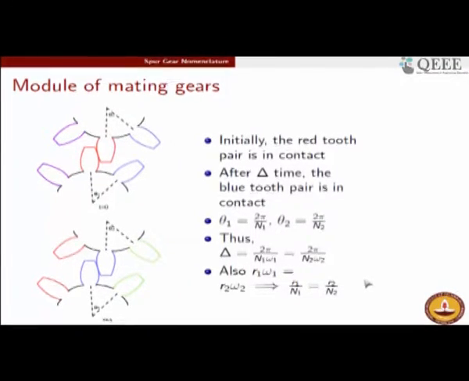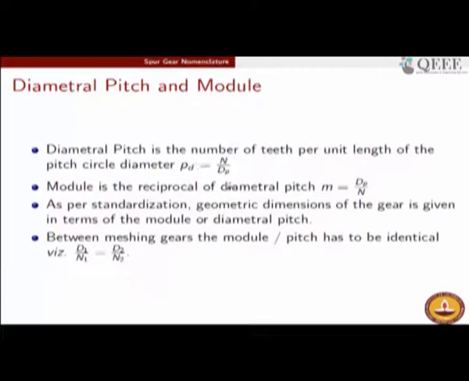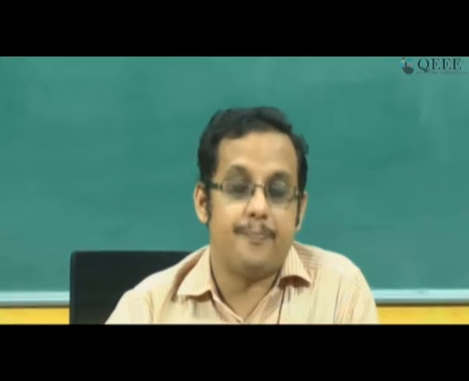That effectively means the module, the circular pitch, and the diametral pitch between two engaging gears must be the same. This is the requirement that we were talking about a few minutes earlier.